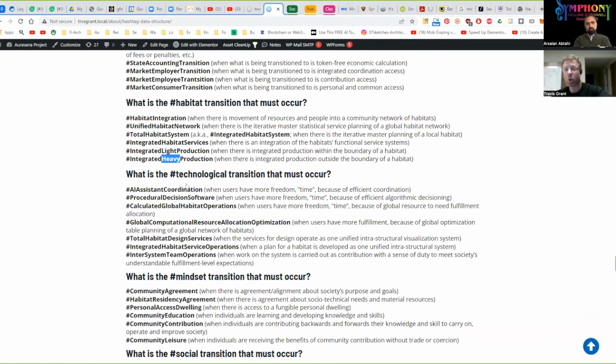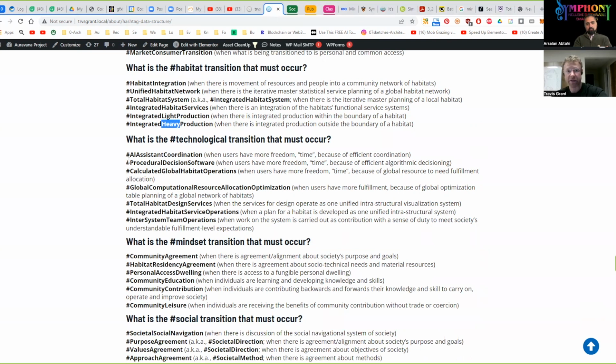So we have coordination. One of the primary transitions that we will experience is AI coordination. It will make our lives so much easier. Then procedural decision software, both for engineering and also for decisioning itself. Global calculated habitat operations, global computational resource allocation optimization, total habitat design services, integrated habitat service operations, and then intersystem team operations.